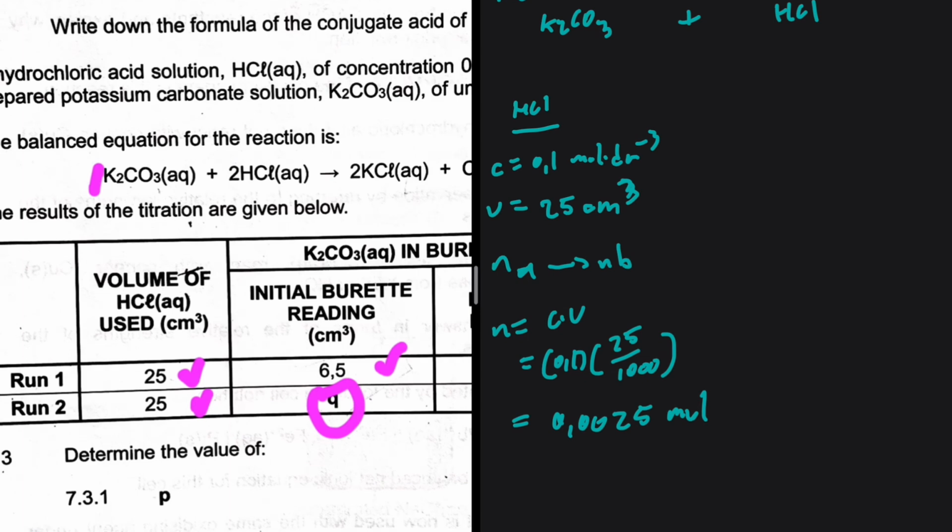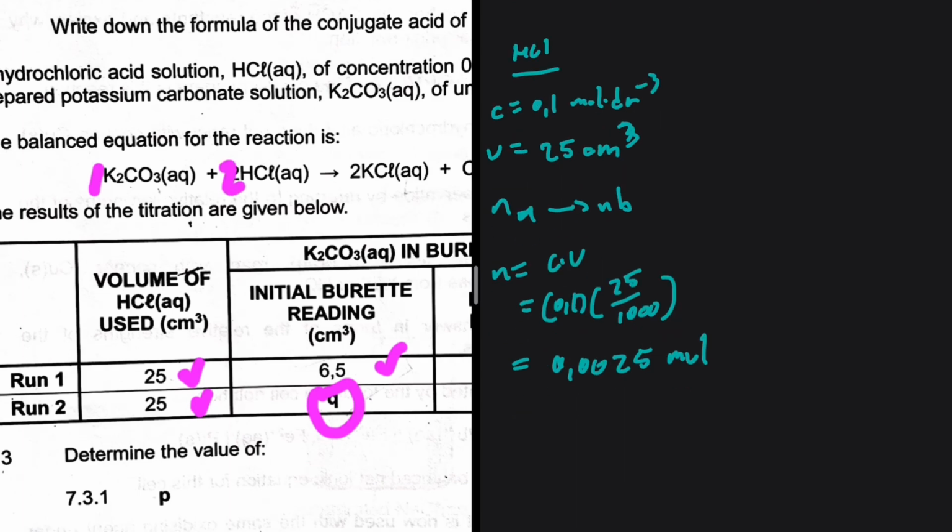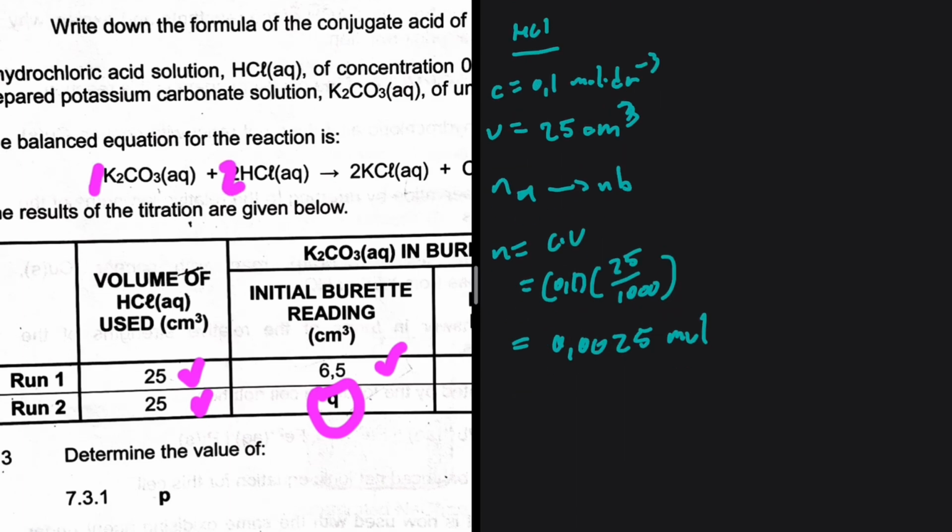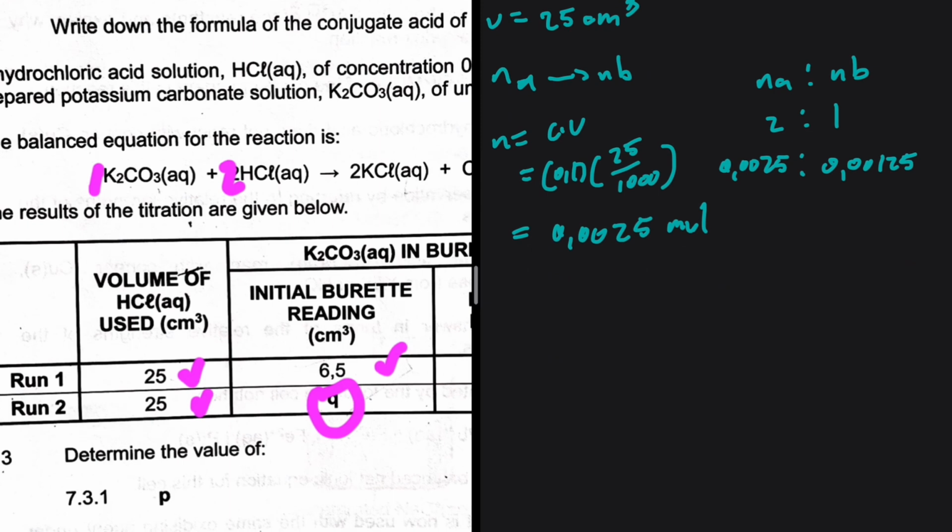We have 1:2, right? So the number of moles of acid to the number of moles of base, we have 2:1. So that of acid is 0.0025. We can just divide that by 2 to find that of base. So we have 0.00125. This is the number of moles of base.